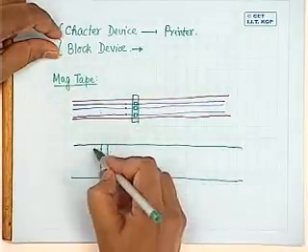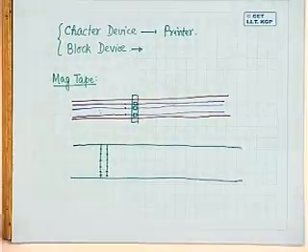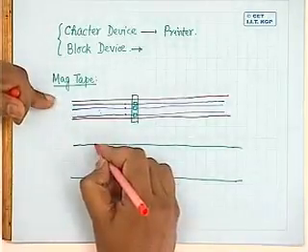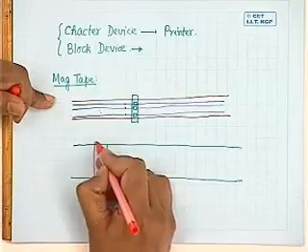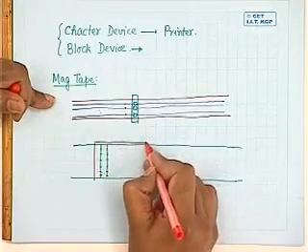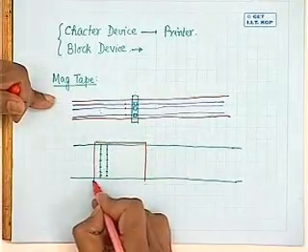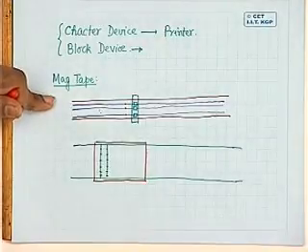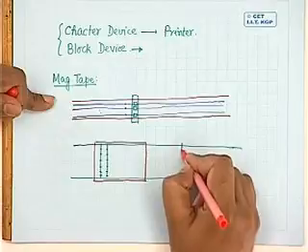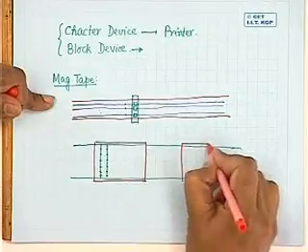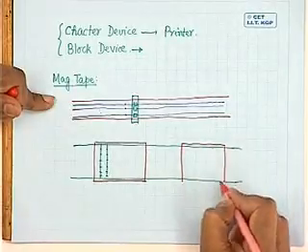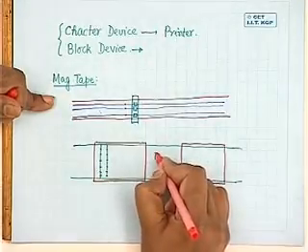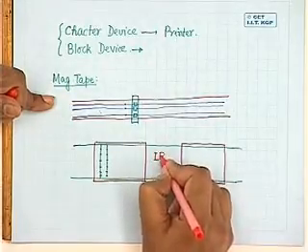A number of bytes taken together forms a record. Whenever I have to access any data from this magnetic tape, I have to access the entire record. Between two successive records, there is a gap which is called an inter-record gap, or IRG.